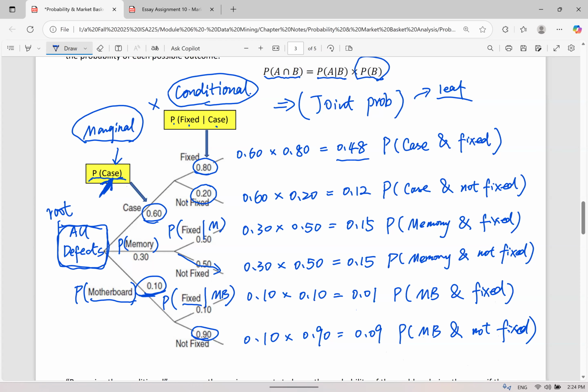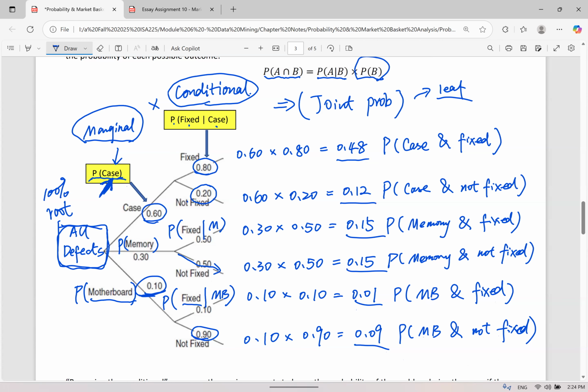Then we have divided the 100% of the defects into six subgroups. If you sum these probabilities, you will have 100%, which is 1. That means I have already divided the whole root into six subgroups, which are six leaves.